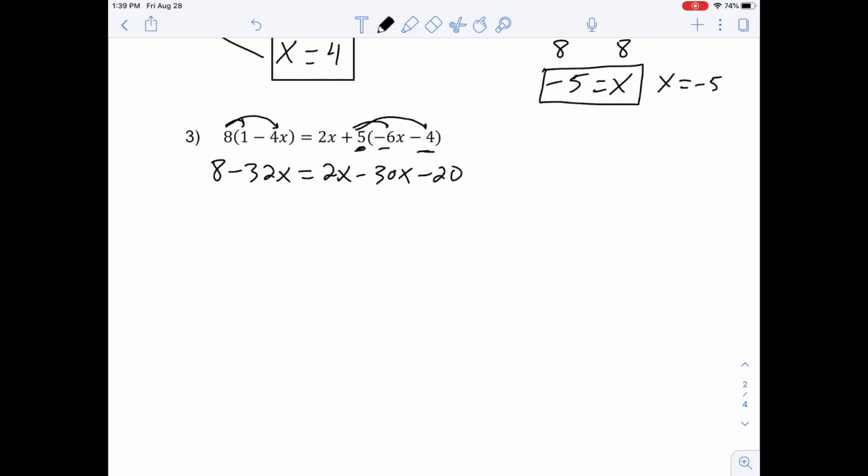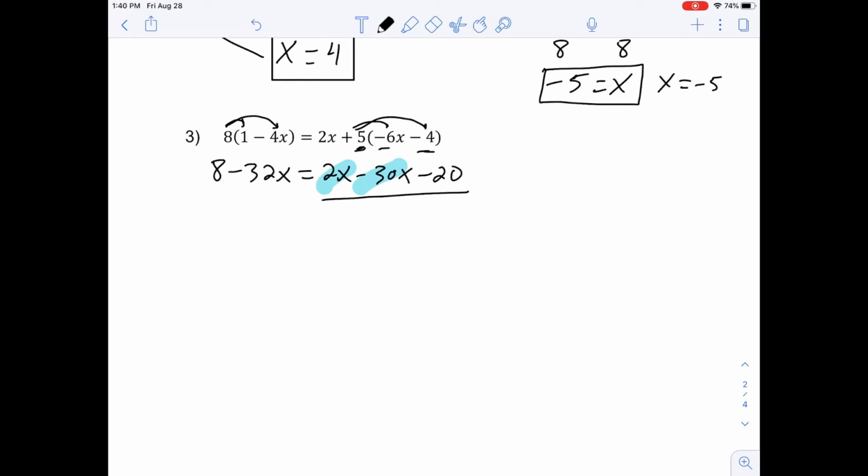So now if you look, you can see I have like terms on one side of the equation. And this is where students get confused a lot. They'll combine the x's on opposite sides as if they were like terms. But that's just not true. You can't do that. So on the same side of the equation, if I have x terms, then I can go ahead and combine those, just as if I had 2 constant terms, I can combine them.